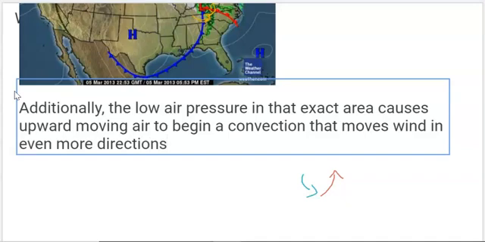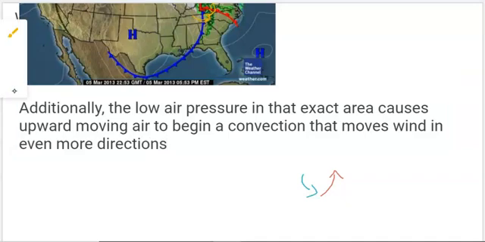This is kind of hard to show, but I'll try, because explaining is what we're doing here. So now, in this area of low air pressure, that's causing air to move up, making the storm.